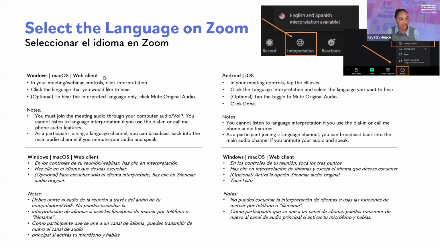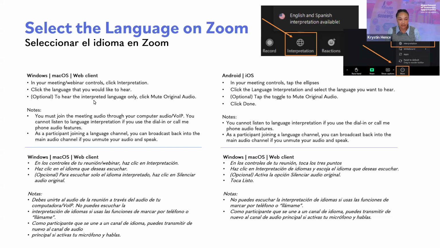In your meeting webinar controls, there is a button that looks like a globe that's labeled interpretation. There's either this icon here, or you may have 3 dots with the label more that you can click onto to find that icon. Once you click on the interpretation button, you can select which language you'd like to hear.